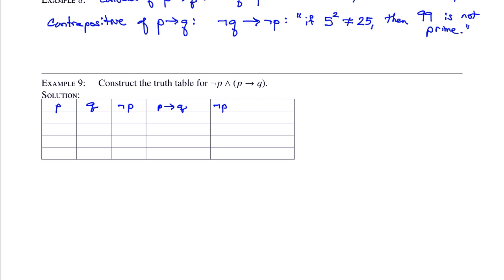Not P and if P then Q. So you see how I sort of built it up from the smallest pieces. It's like chemistry. It's like building a molecule from atoms. You can take a little bit of this, take a little bit of that. Eventually you mix them all together and get a new compound. We'll start with our basic truth table, which is true, true, true, false, false, true, and false, false.